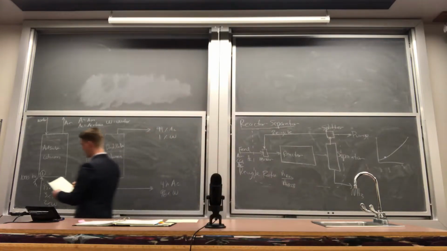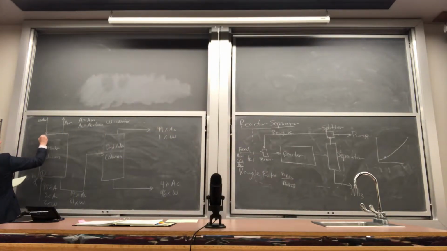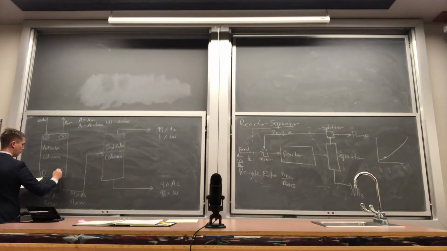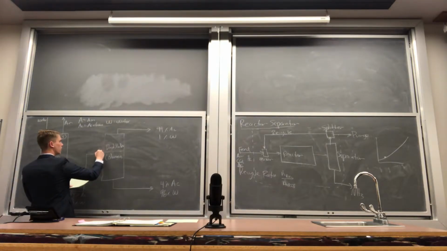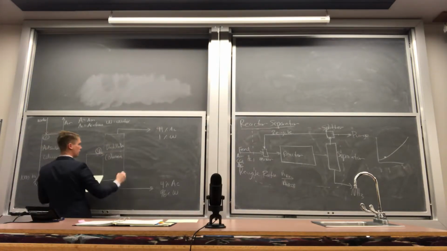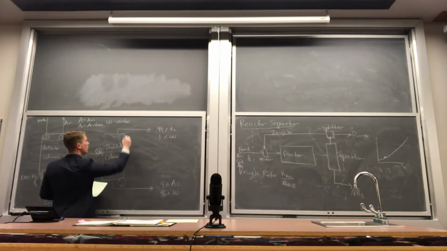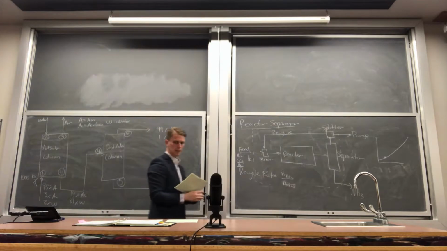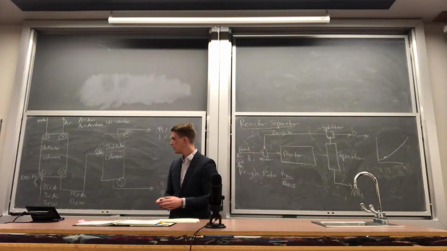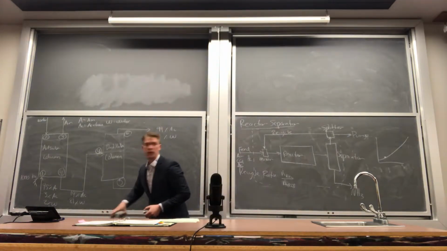I'm going to label the streams 1, 2, 3, 4, and this same one here is 4, so I don't label it again, but I can write here as a reminder, 5 and 6. Okay.